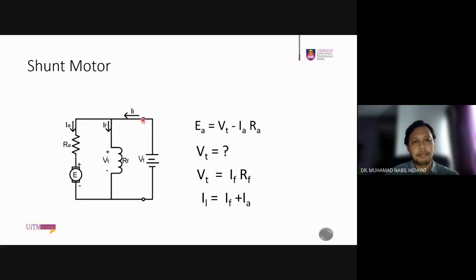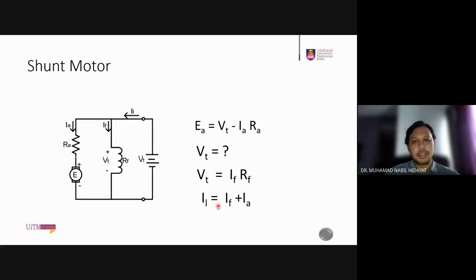So it's the same: EA equals VT minus IARA, and also VT is IF times RF.